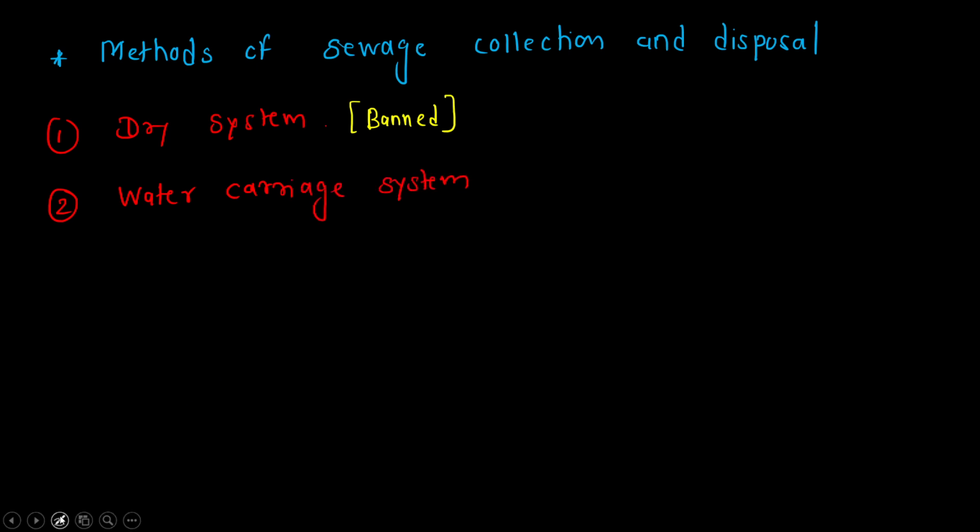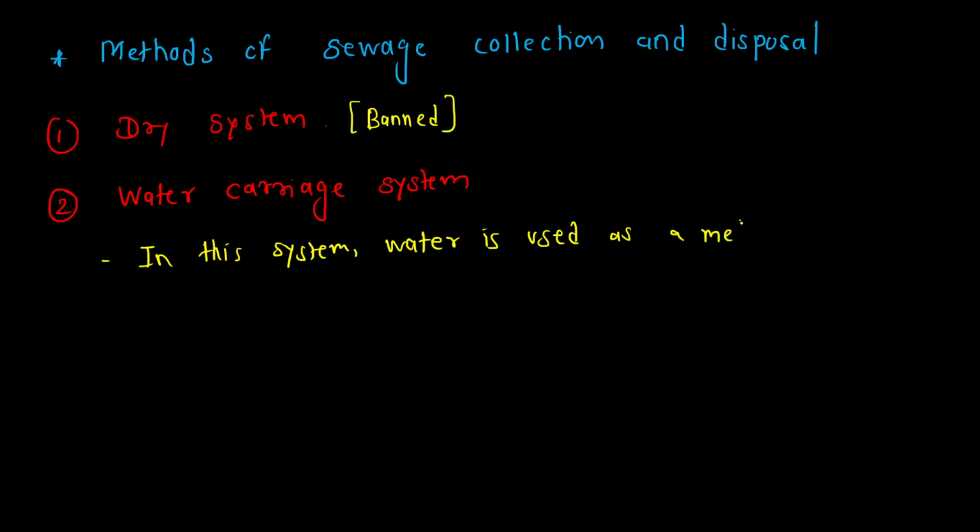What we are using right now is the water carriage system. As the name suggests, whatever wastewater is there is transferred with the help of a medium, and that medium is water. In this system, water is used as a medium to convey the sewage.